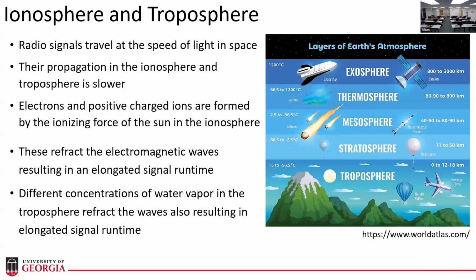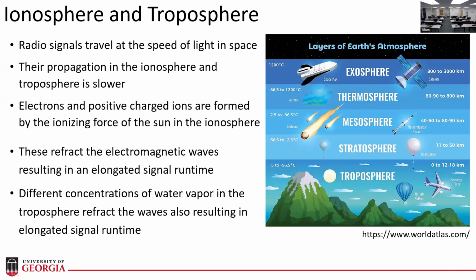So when the signal propagates through these different layers, in those 2 specific layers, the ionosphere, which is the second from the top, and the troposphere, we have some factors that delay the signals.